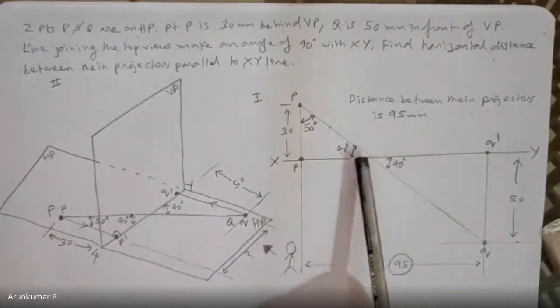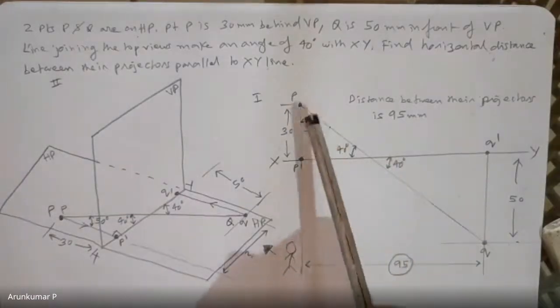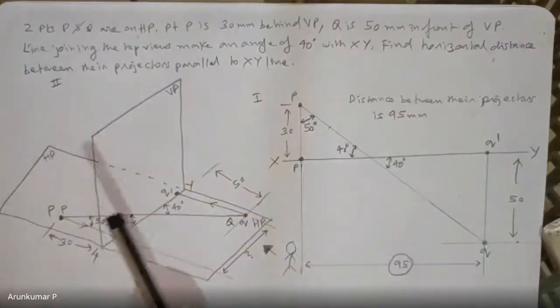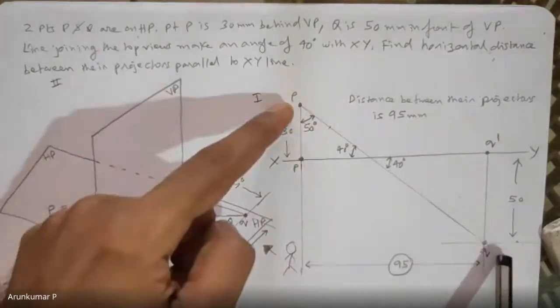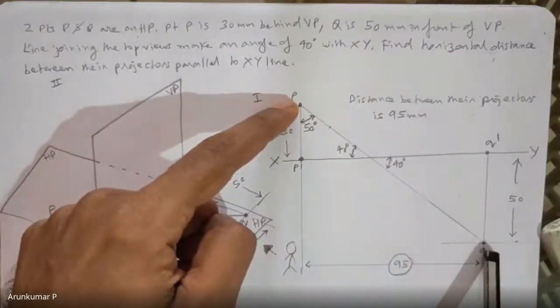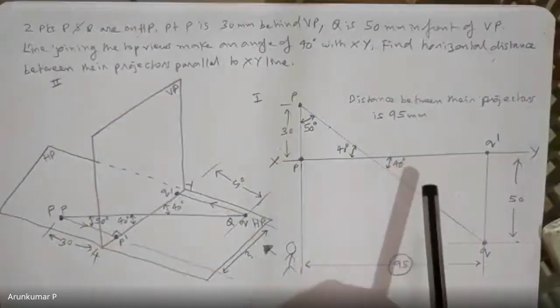Either they will give you the angle between the top views, or sometimes instead of top views they'll say front views. That is also possible. So this may be P dash, this may be Q dash. So they'll say the angle between the front views at 40 degrees, 45 degrees to XY line will be given.